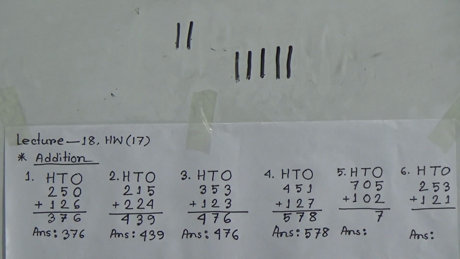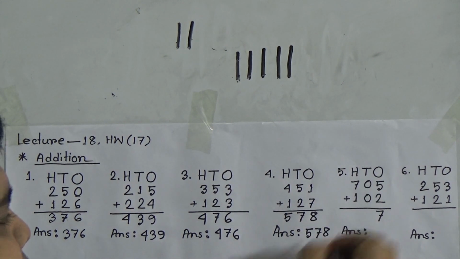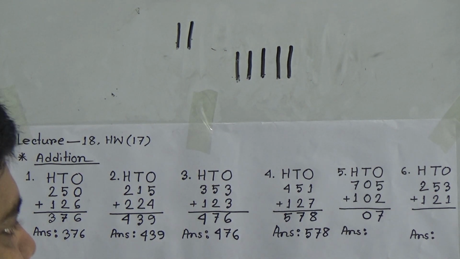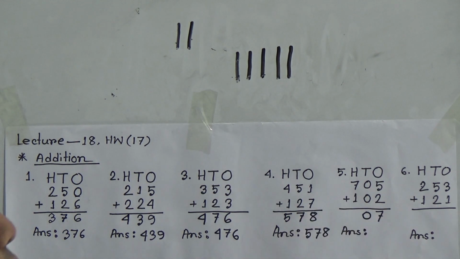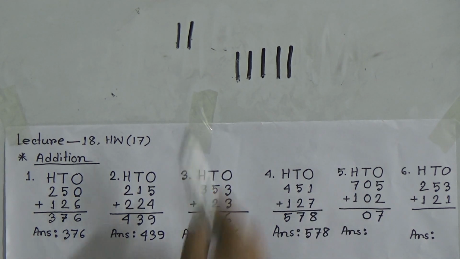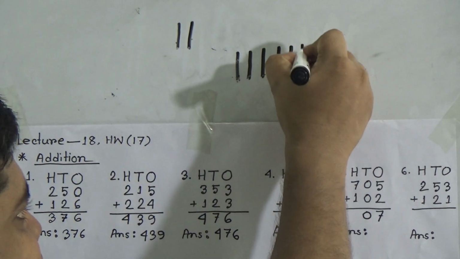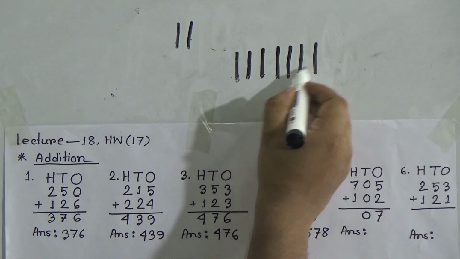My dear student, now we add 0 with 0. If we add 0 with 0, then we get 0. Okay. Now again 7 sticks plus 1 stick, that means 7 plus 1. What? For 7 we draw 7 sticks: 1, 2, 3, 4, 5, 6, 7.